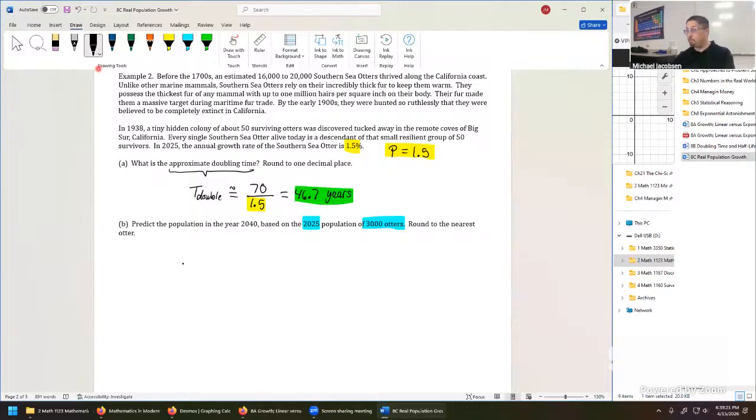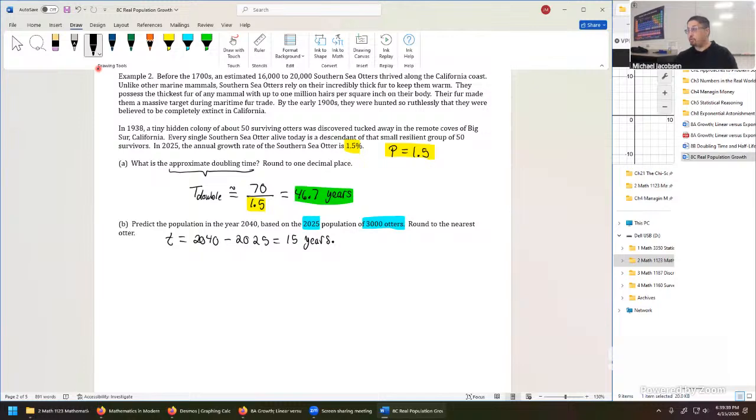So that context in part B is telling us that T is going to be 2040 minus 2025, which means the amount of time T in the formula is just going to be 15 years.